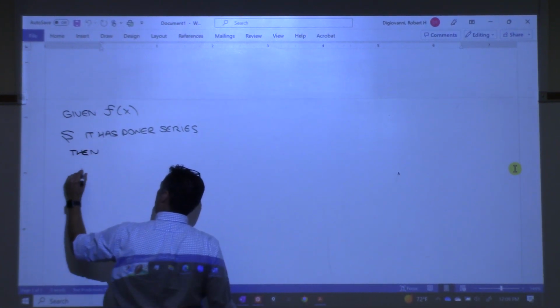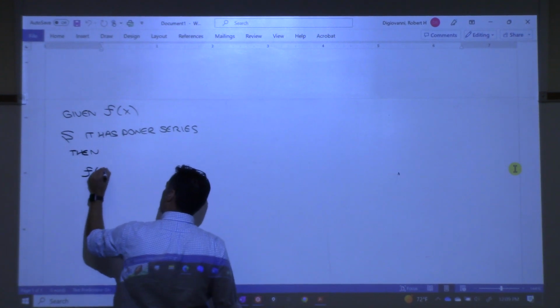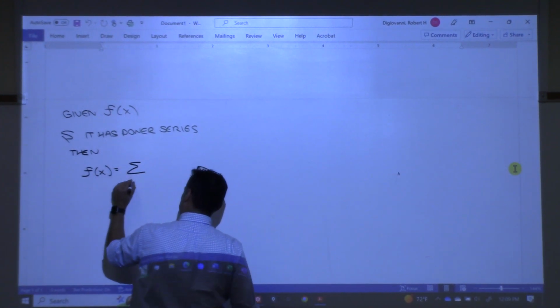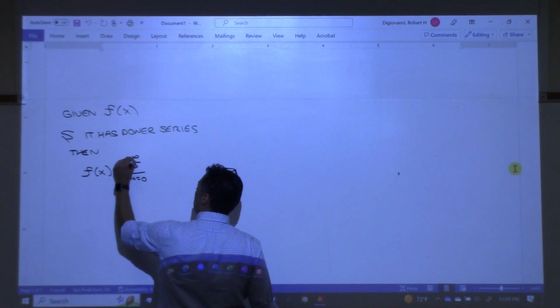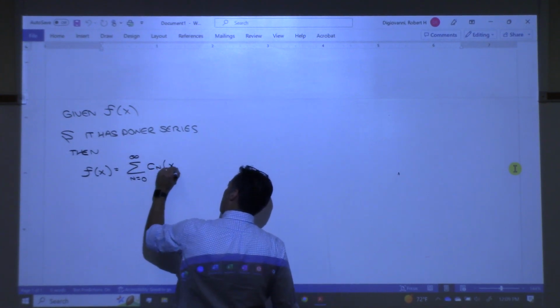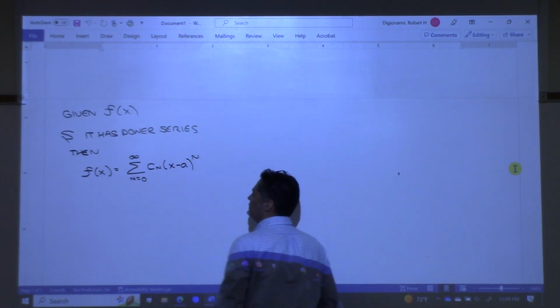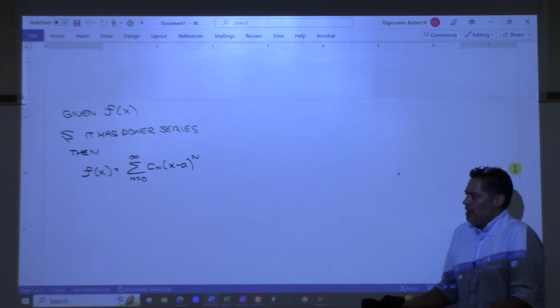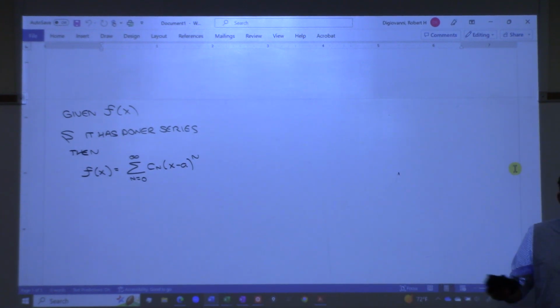Then I could say that the original function is the sum n equals 0 to infinity of c sub n (x minus a) to the n, because the function I've been handed has a power series. I just don't know what it is, right? So there.